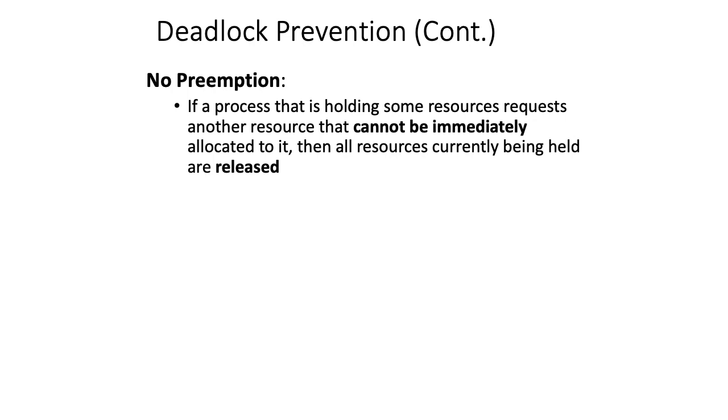So that thread will end up waiting for the new resources that it needs, as well as the resources that it was holding but had to put down because of this rule. And then that thread will be restarted only when it can regain both the old and the new requested resources at the same time. As you may have figured, this again will cause low resource utilization, and we may have starvation.